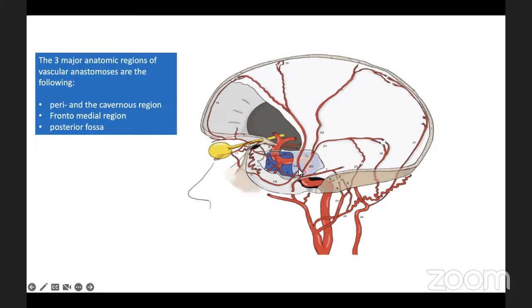As we can see here, the cavernous branch having anastomosis with the inferolateral trunk as well as the ophthalmic artery. Here we can see the anterior division having branches to the falcine artery as well as anastomosis here with the anterior ethmoidal artery over here, as well as we can see the petrosal branch having anastomosis here with the ascending pharyngeal artery.